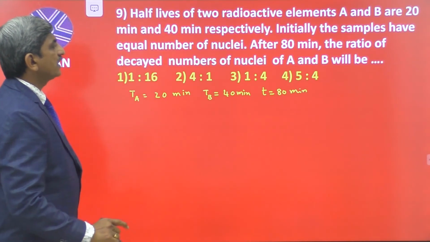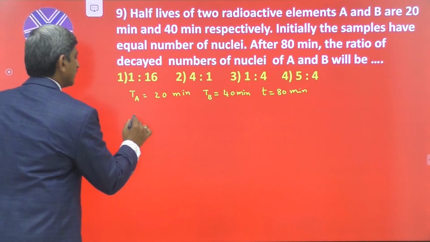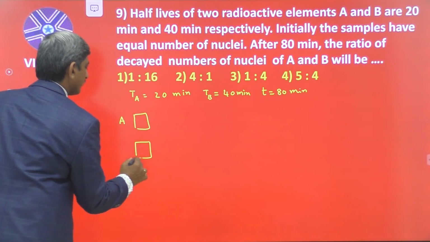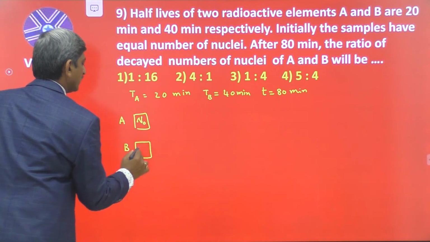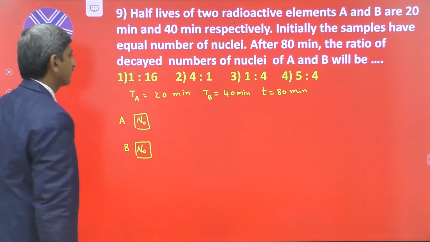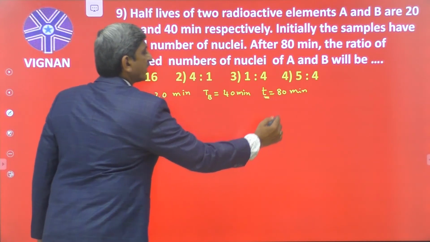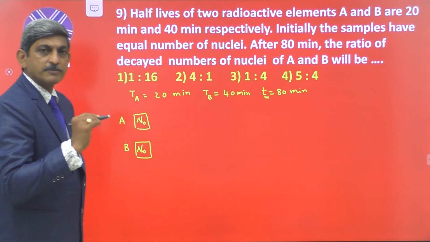Initially the samples have an equal number of nuclei. Let this be sample A and this be sample B. They have an equal number of nuclei, let it be N0. Now after 80 minutes, for sample A, how many half-lives are there?